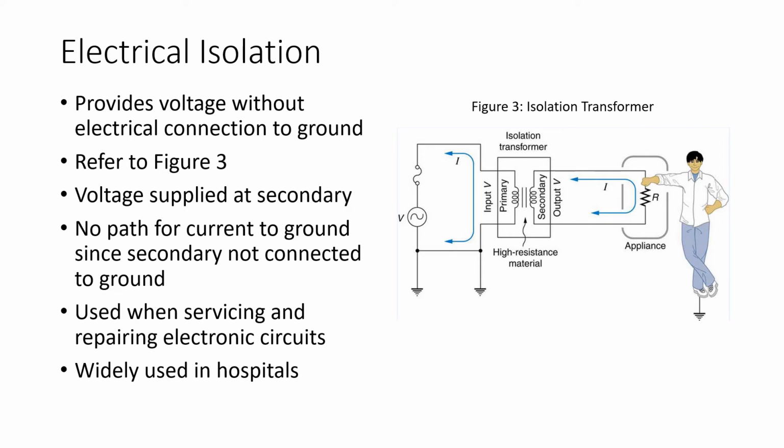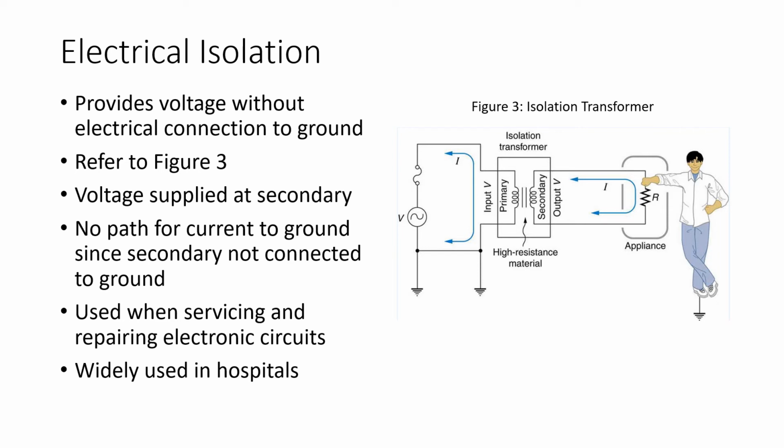Quite often the chassis of a piece of equipment is connected to ground when it's plugged into a receptacle. However, when using an isolation transformer, this now means that the chassis of the electronic circuit or device that we're repairing does not have a physical or electrical connection back to ground.